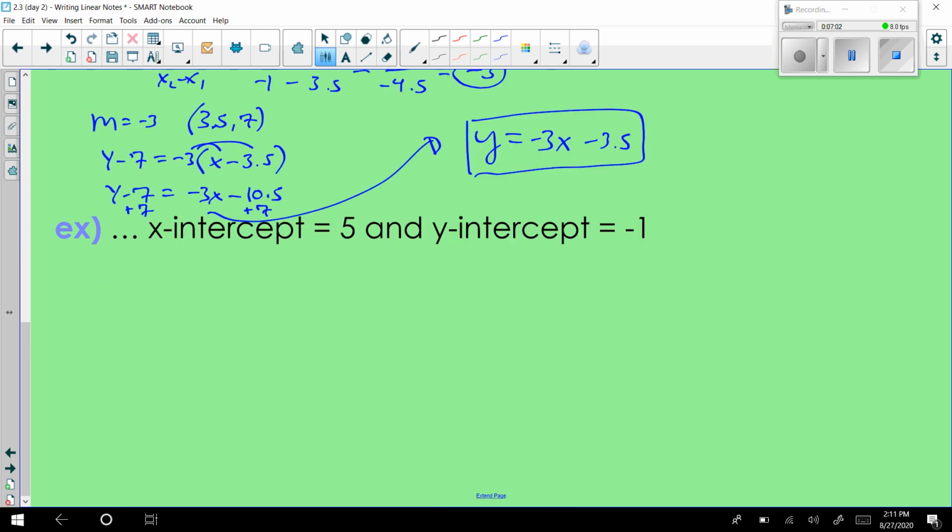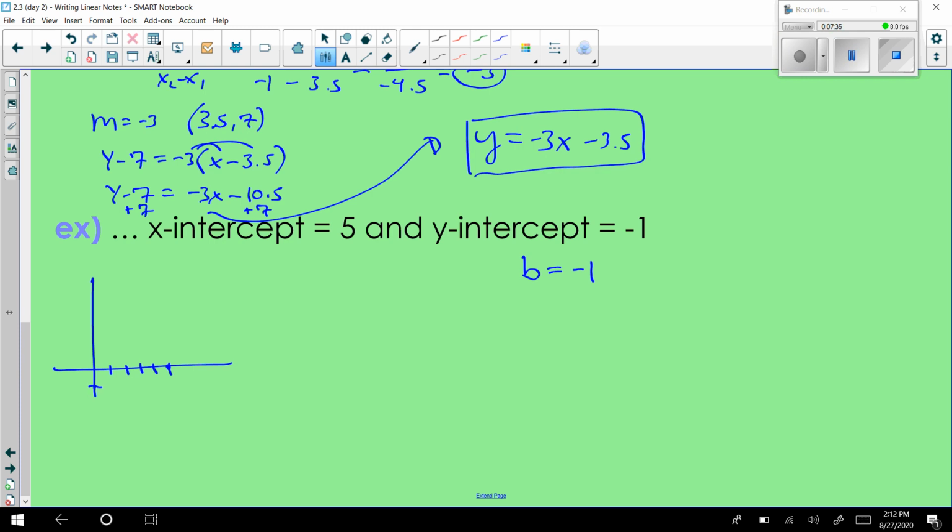All right, last one, slope-intercept form. It says the x-intercept is going to be 5 and the y-intercept is -1. We could do this a couple different ways. Well, we already have our b, right? Our b is going to be -1, that's the y-intercept. And then think about this real quick, if you think graphically, our x-intercept is at 5: 1, 2, 3, 4, 5, it's right there, and our y-intercept is down at -1.